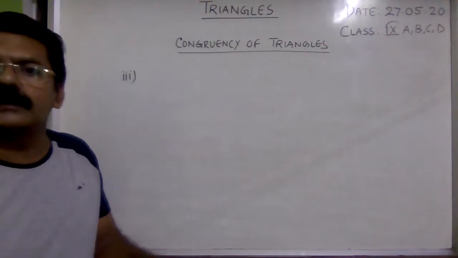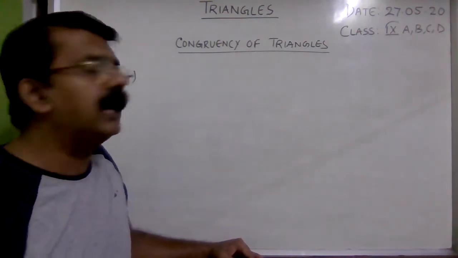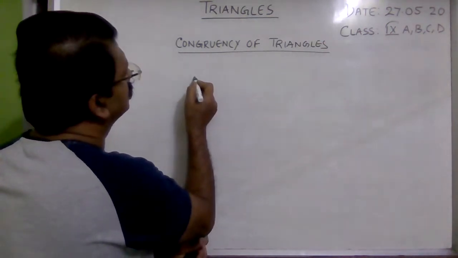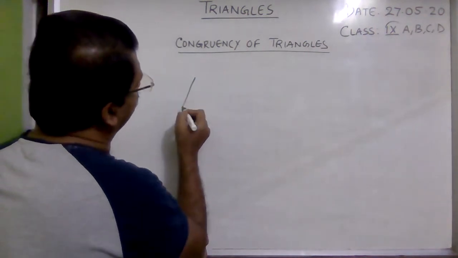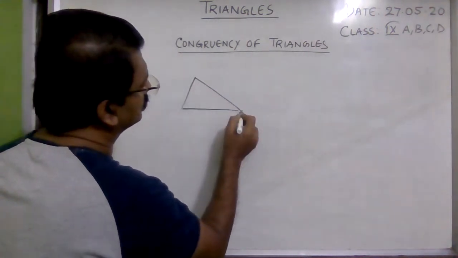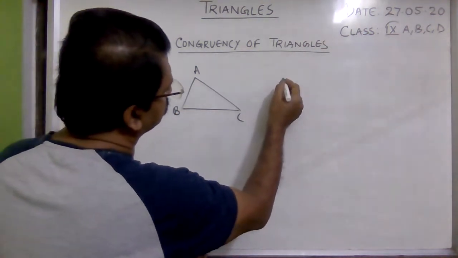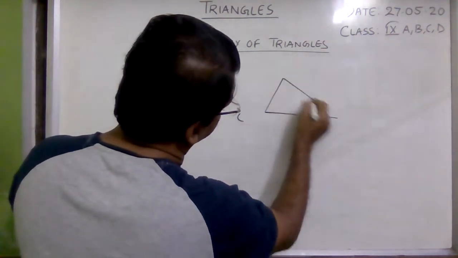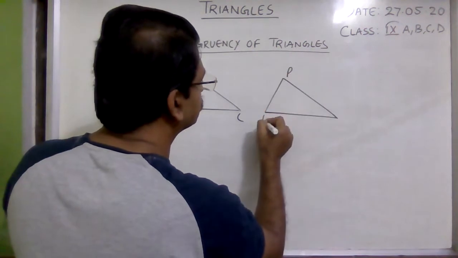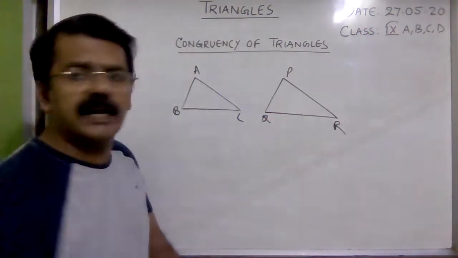Now in the third criteria, they have again given two triangles, ABC and PQR.